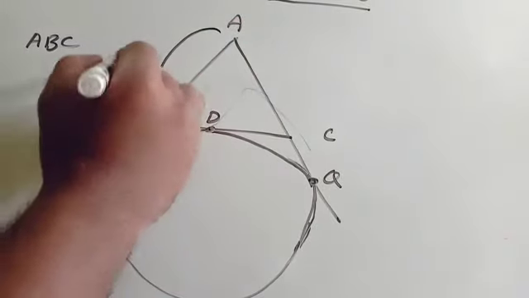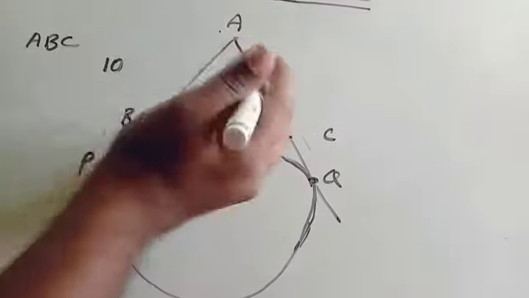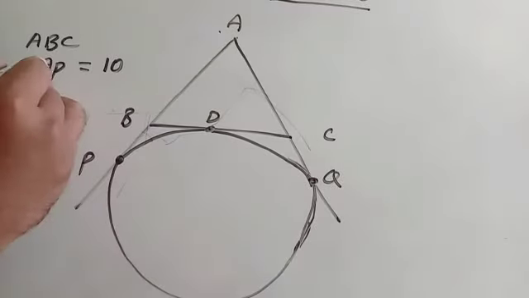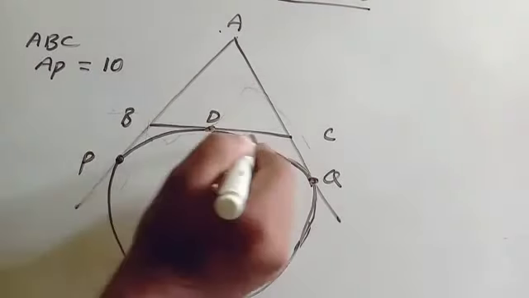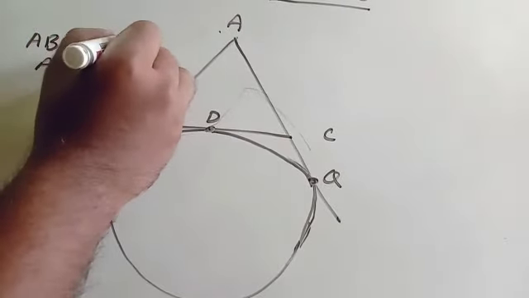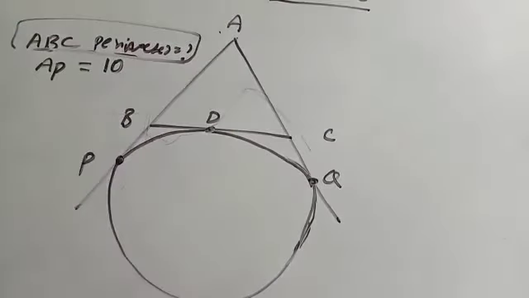Let us say the value of AP is equal to 10. If AP value is equal to 10, tell me what is the perimeter of ABC. How much is it? Nice question. Everybody try.